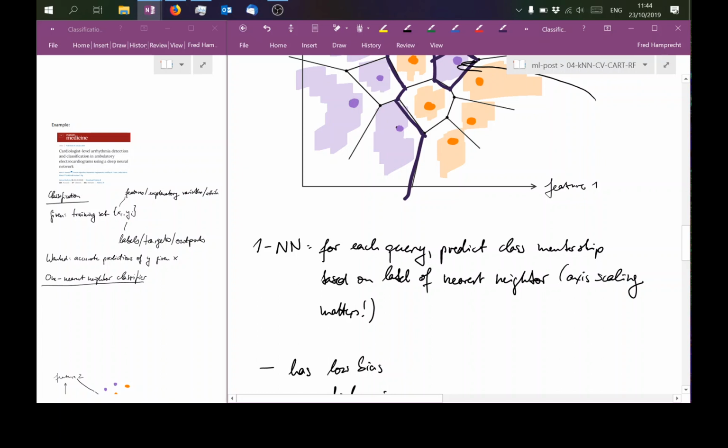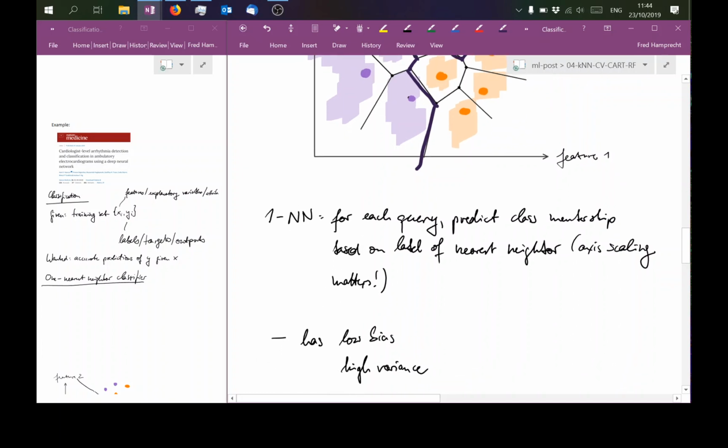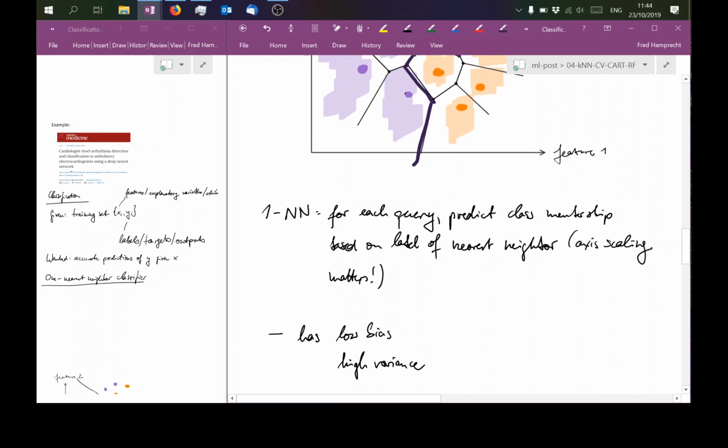But if I average over all these classifiers, then in expectation, I will actually get a very good decision boundary out. However, as I look at the individual classifiers that I find, as I go from one training set to the next training set sampled from the same distribution, those decision boundaries will look very different. This is what is called high variance.